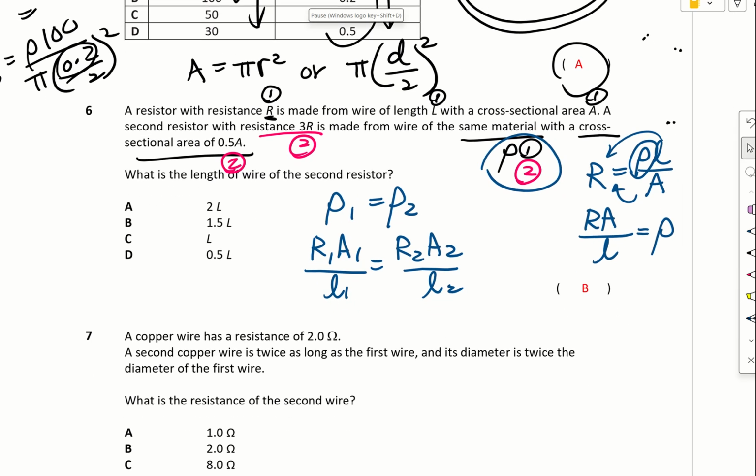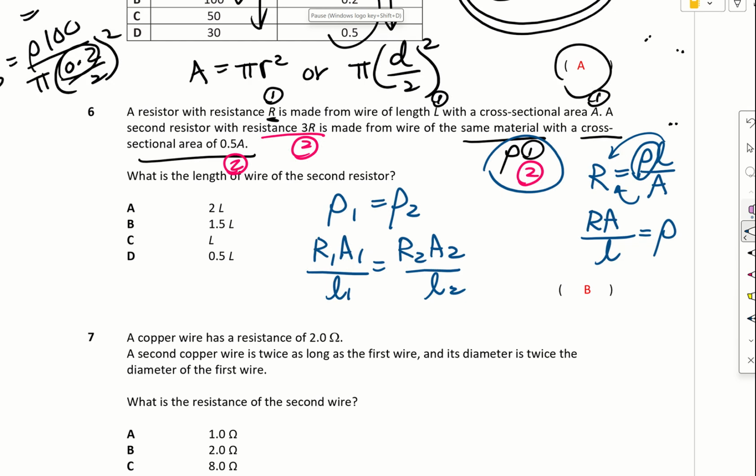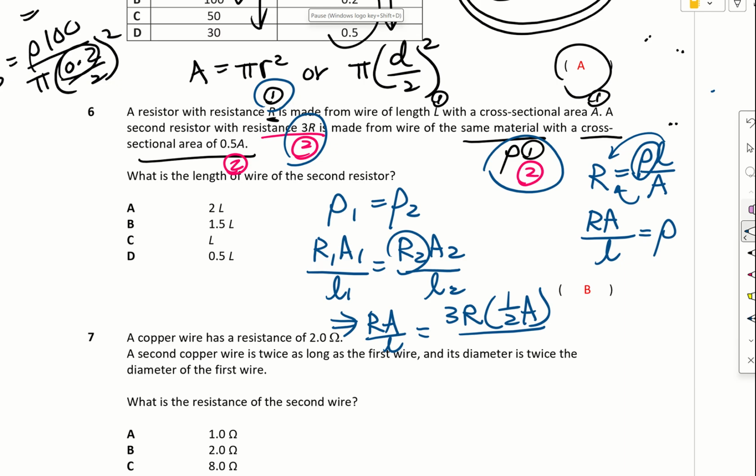I take note that the resistance of the first wire is R, so I replace R1 with R, A1 is A, L1 is L. For resistor 2, it is 3R, the cross-sectional area is half A, and I'm supposed to find the length of the second wire.